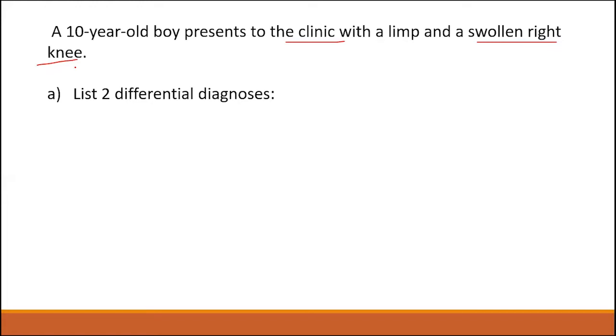Third, this could be juvenile idiopathic arthritis, meaning it has no known cause. All we know is that it's a child, there's arthritis, and we don't know the cause. There can also be osteosarcoma of the distal femur.